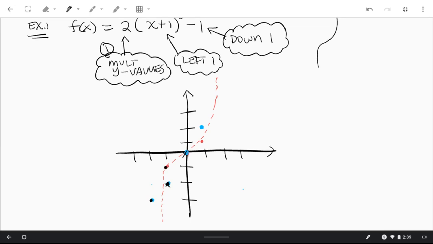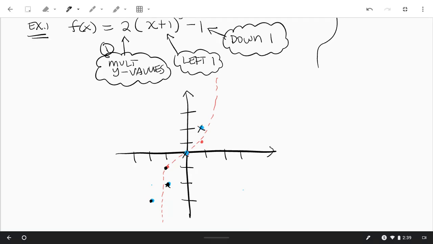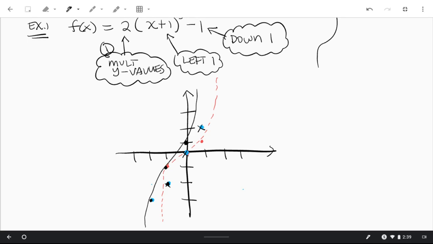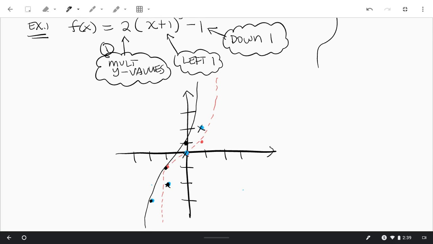And then this blue point up here will go left one, down one. Okay. So these 3 black dots are my new graph. And this is what it would look like. You see how it got a little more stretched compared to the original red one. Okay, so that's that multiplier 2.